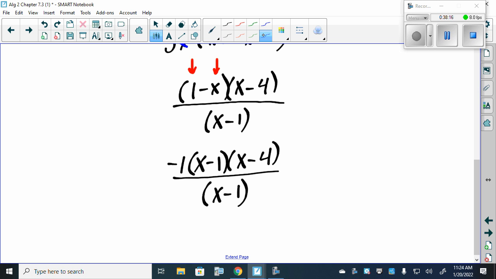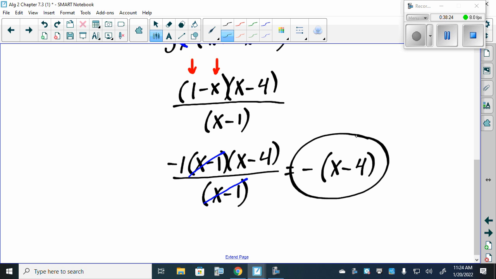So yes, these would cancel, leaving us with negative x minus 4. So really on a problem like that where we have the squared, because 3x squared was negative, we could have factored that negative out to begin with and not had to worry about it at the end.